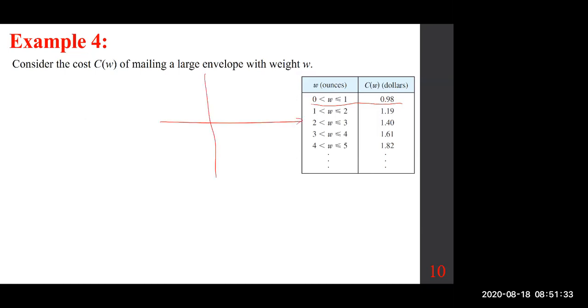So this is 0, this is, let's say, 1, and this is, let's say, 2. So if I'm looking at the first one, and this is being represented by W, and this is being represented by the cost.